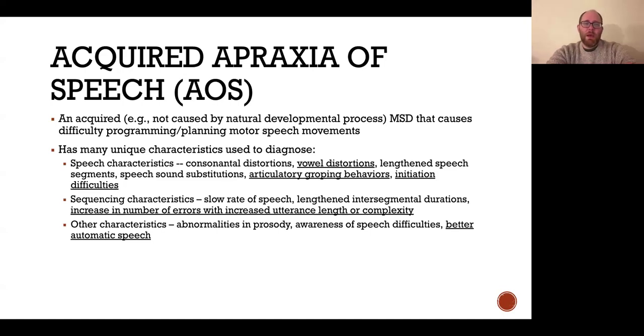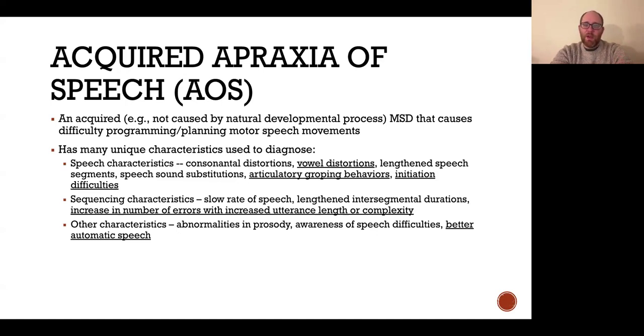And there are many unique, but also more universal, characteristics used to diagnose. If we're looking at just speech characteristics, we've already talked a lot about consonantal distortions for dysarthrias, but vowel distortions are more associated with an apraxia. They may have lengthened speech segments, speech sound substitutions, and then another big two are articulatory groping behaviors.